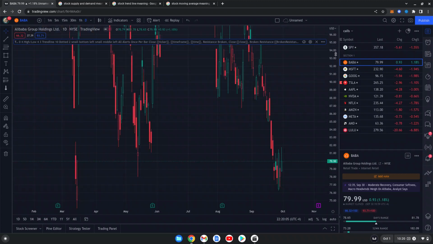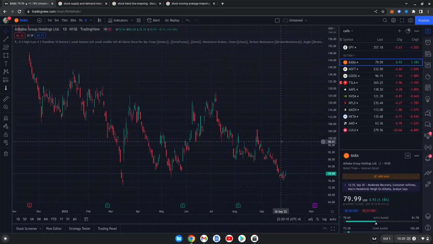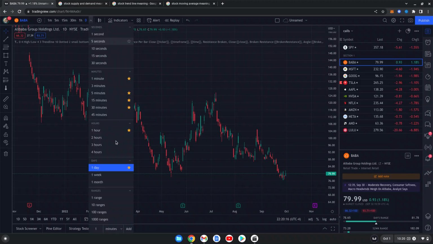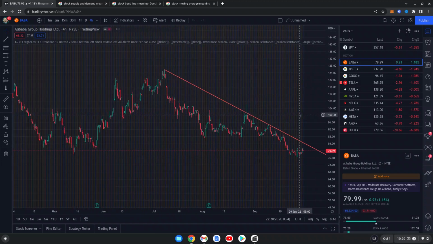And it's better to check on higher time frames. So when we go to the daily chart, we see that it doesn't really find a clean trend line. So we can go to the 4 hour and we can see overall that it is kind of in a downtrend. It's slowly starting to come up, but this is the resistance on this trend line.